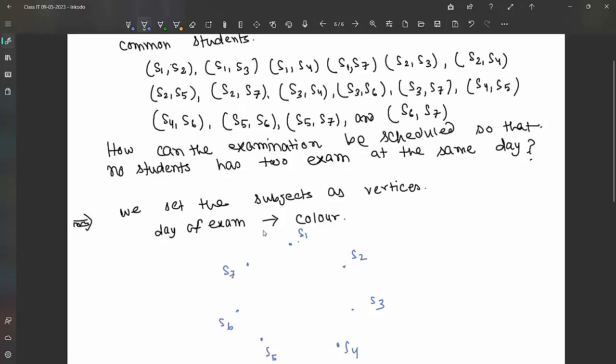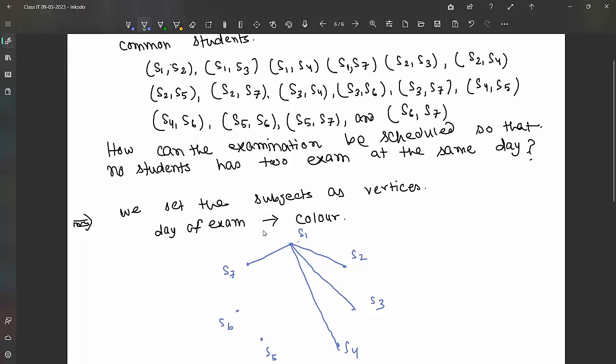Now join the vertices. There is S1 to S2, na? S1 to S2, join them. S1 to S3, join them. Then S1 to S4, join them. S1 to S7, join them. S1 is over.